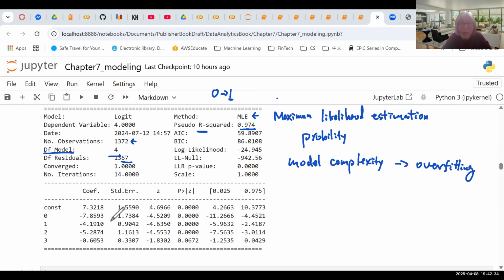And also over here, the result gives the constant term and the four independent variables, their coefficients. Basically, this coefficient is the weight, Wi.